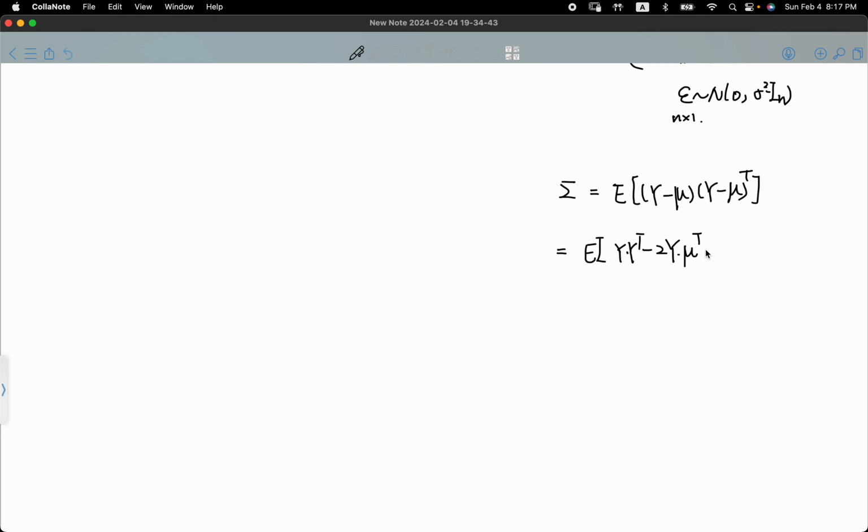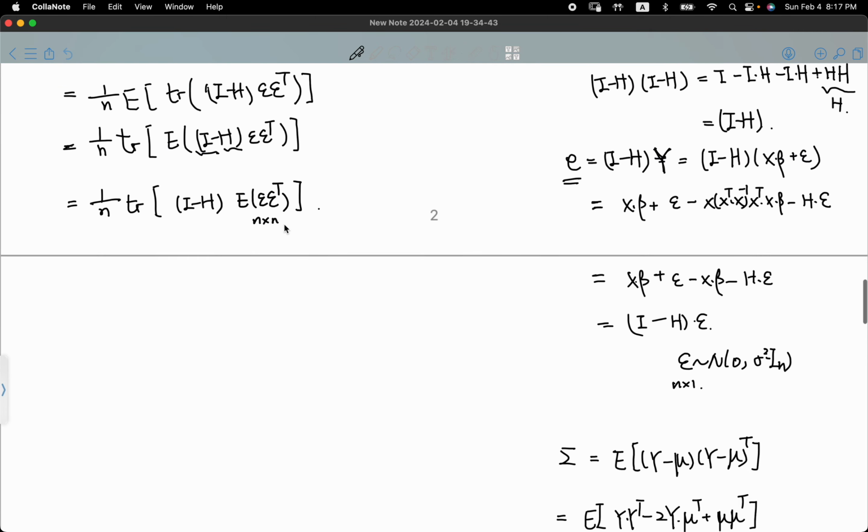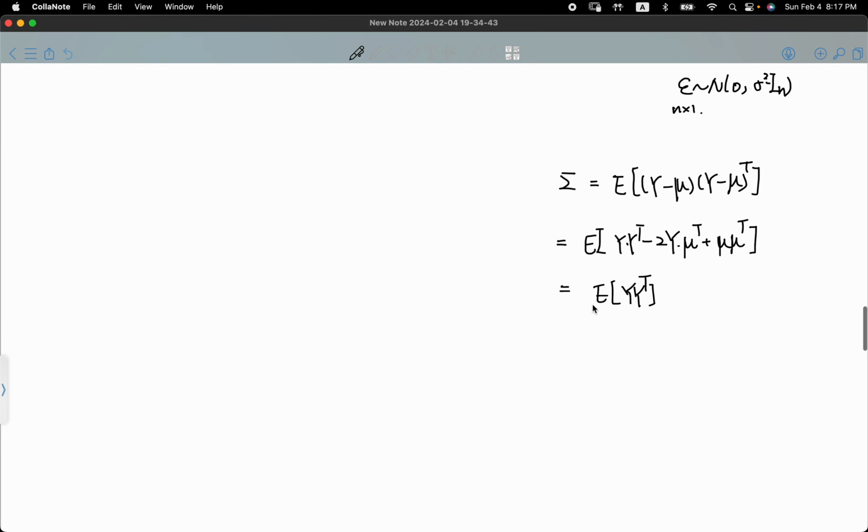So there are 2 copies of that, plus mu transpose. Later we'll rewrite y as sigma. You can see this is already the part we are interested in. So I'll change that to epsilon later. E of y multiplied by mu transpose plus mu transpose.